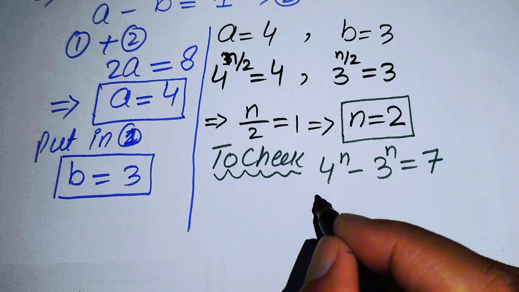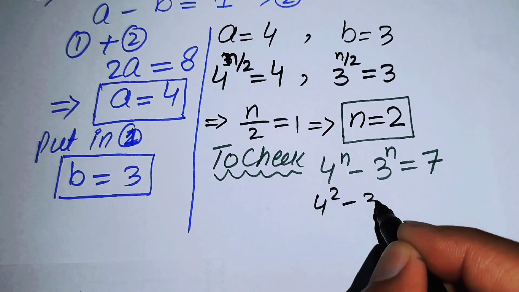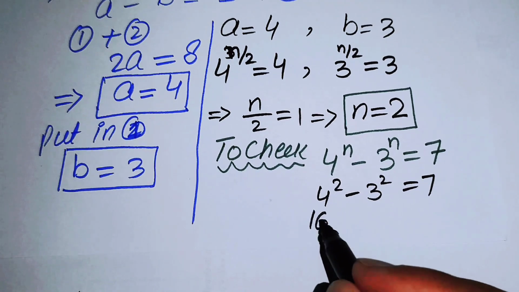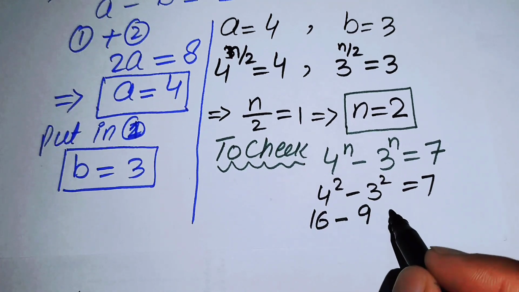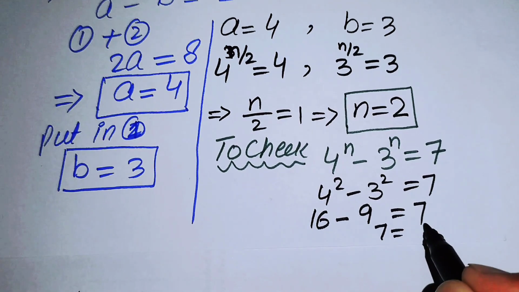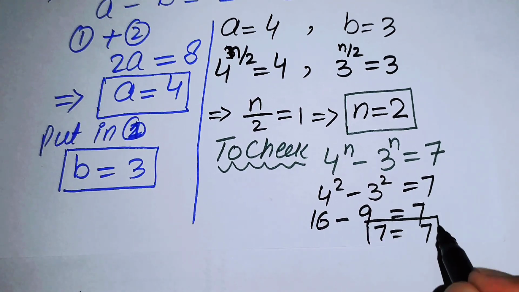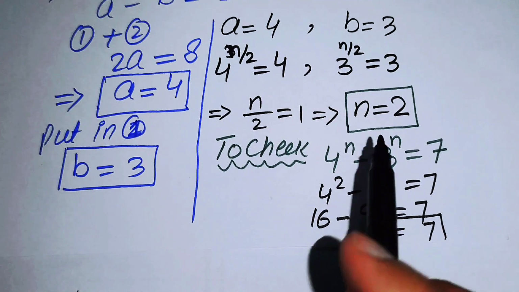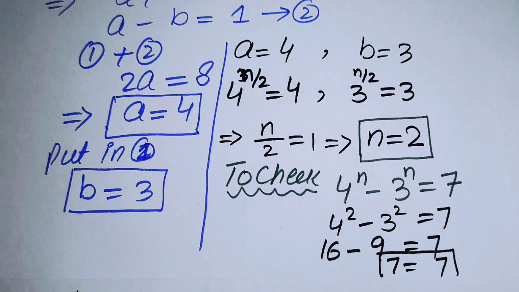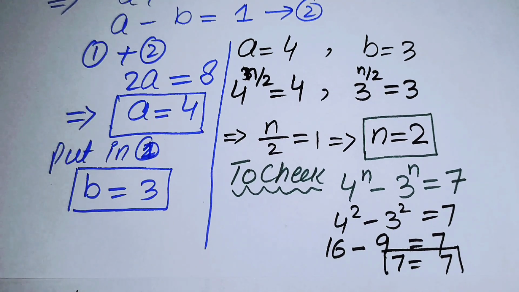When you put it in, you get 4 squared minus 3 squared is equal to 7, and 4 squared is 16 and 3 squared is 9, and 16 minus 9 is 7, which is equal to 7. So this shows that n equal to 2 satisfies the given question, and finally we conclude that n equal to 2 is the only integer solution of this question.